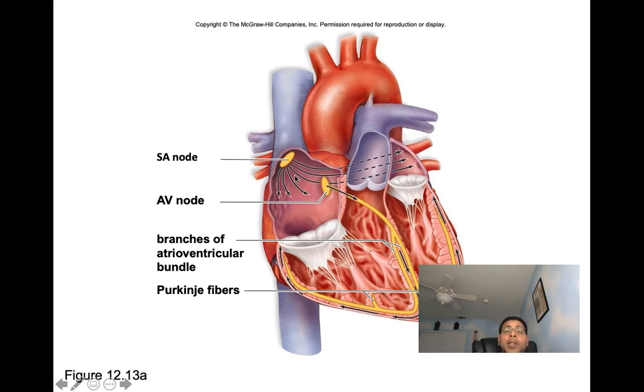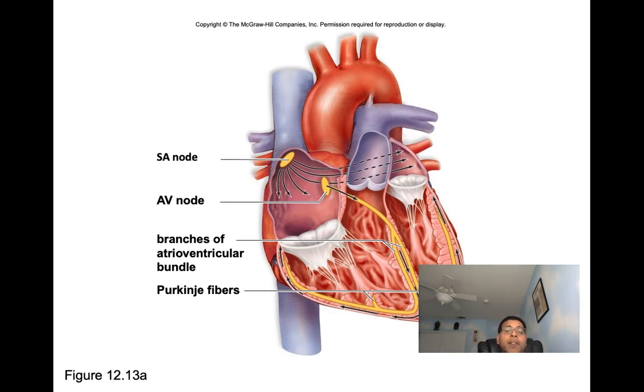So let's run through the sequence here. We can see the SA node is going to initiate the heartbeat, and it's going to send out an excitation impulse. This is going to cause the atria to contract. When the impulse reaches the AV node, there's going to be a slight delay that's going to allow the atria to finish contracting before the ventricles are going to begin contracting.